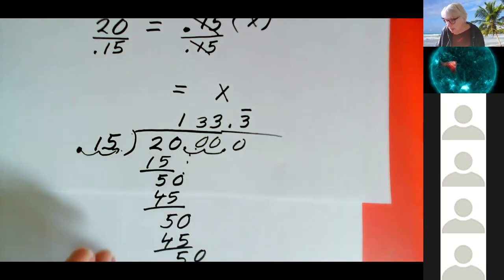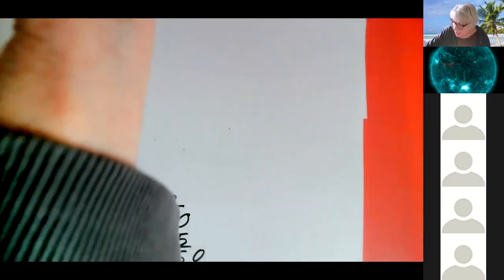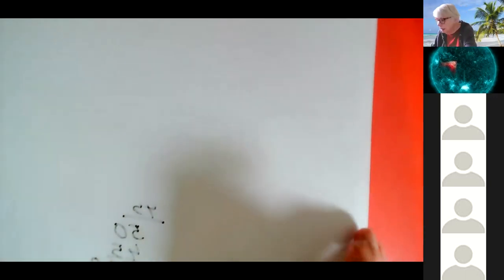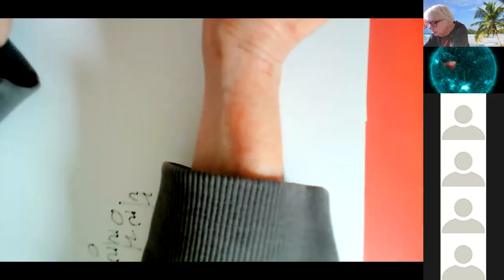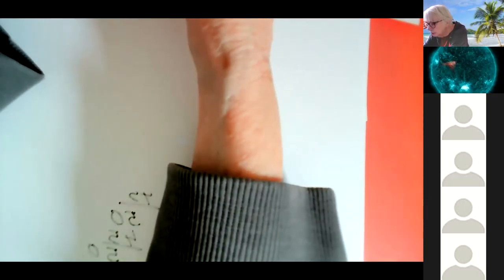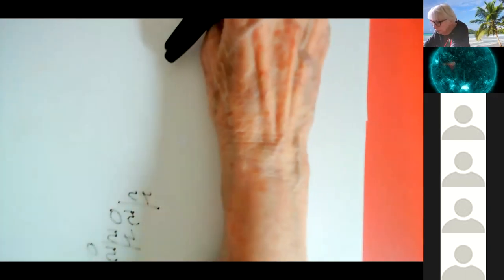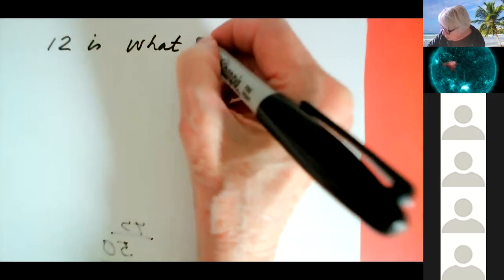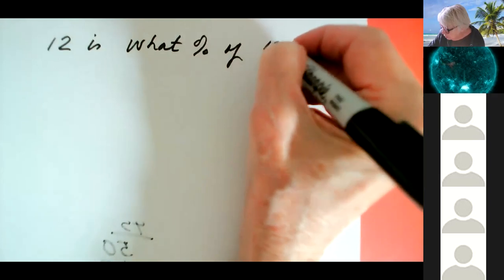Strangely enough, this approach isn't bad. And so this is one of the approaches that they have. So let me go back. Let's look at this one, the first one. 12 is what percent of 48?